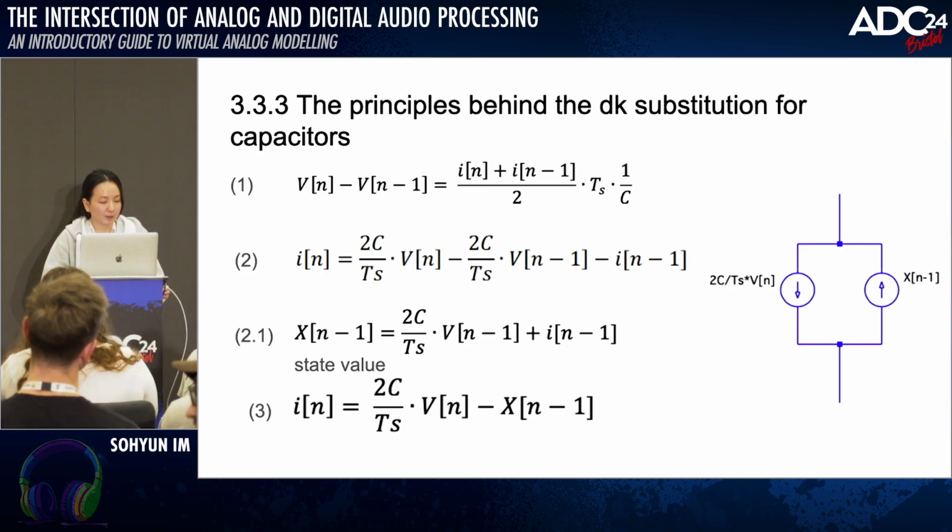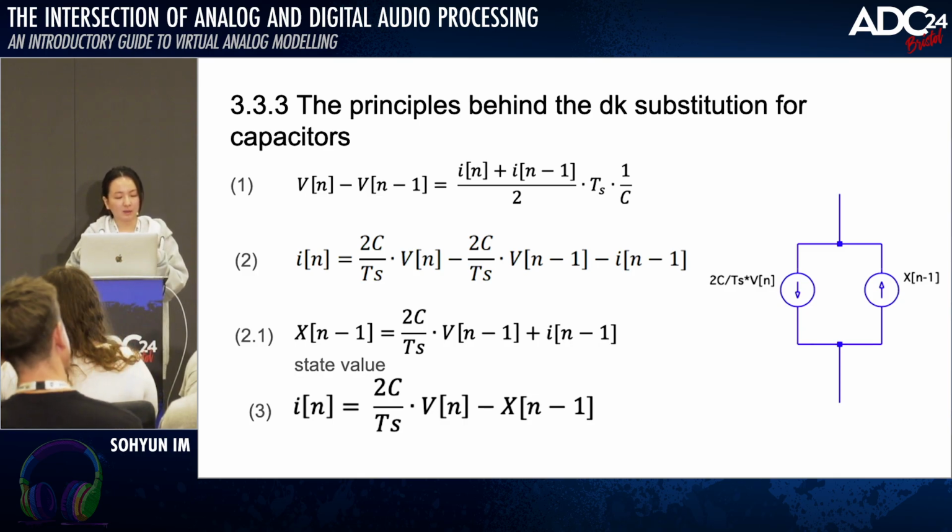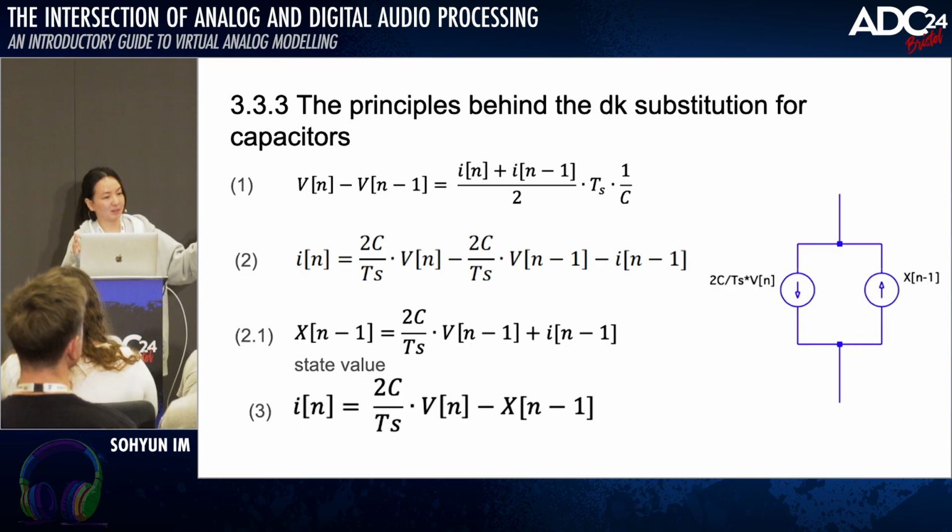The 2C over Ts times V of n can be expressed as a forward-directed current source, and our state value x of n minus 1 can be represented as a backward, reversed current source, because there's a minus between the terms. That's why it's configured in the reverse direction.